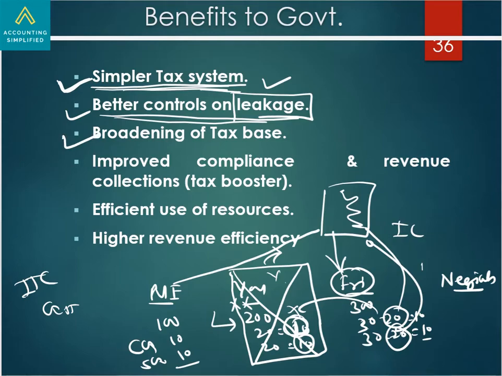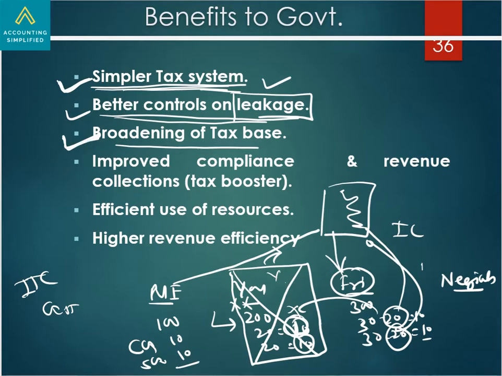Next point is broadening of the tax base. Because it is very clear what is goods, what is services, and what is both, the tax base is increased. Earlier those commodities and things where tax was not levied, right now it is levied.